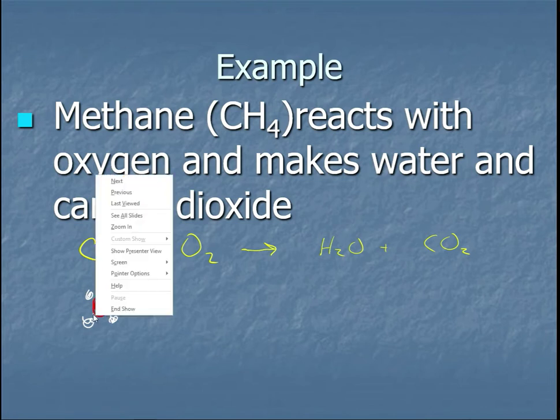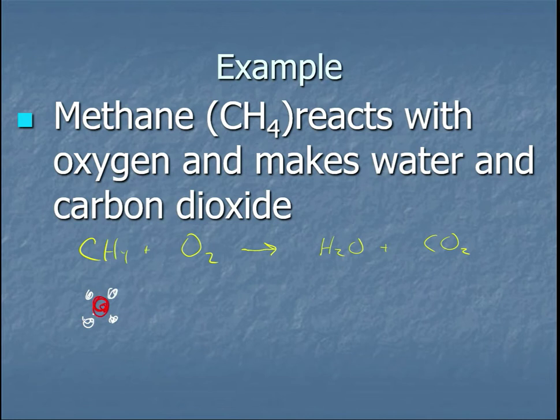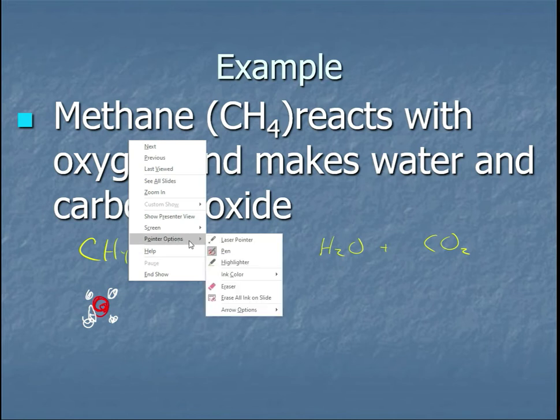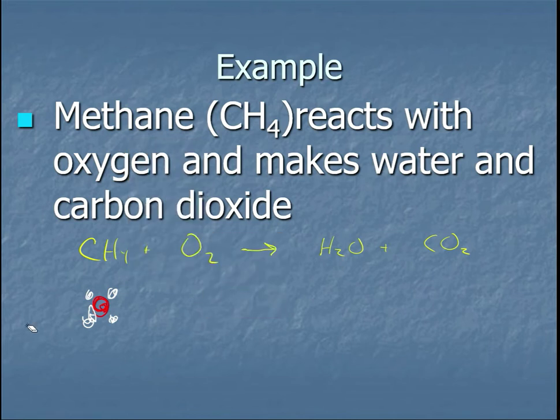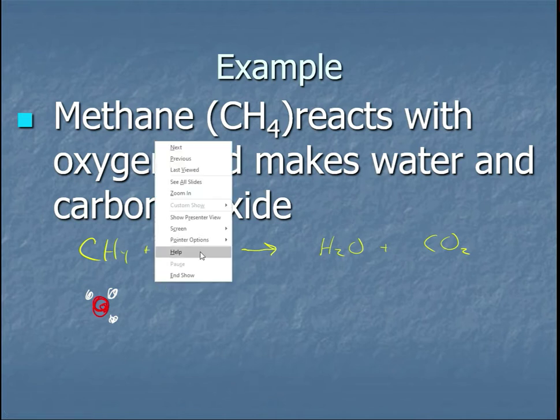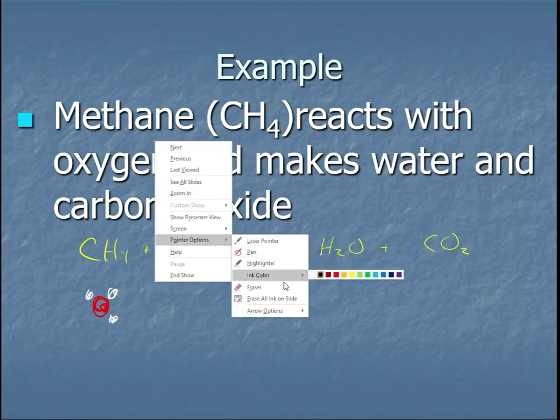Let's see if I can make these attached. Oh, that's terrible. Let's get rid of that. Okay, so let's try this one. I'm going to put the other hydrogen over here.